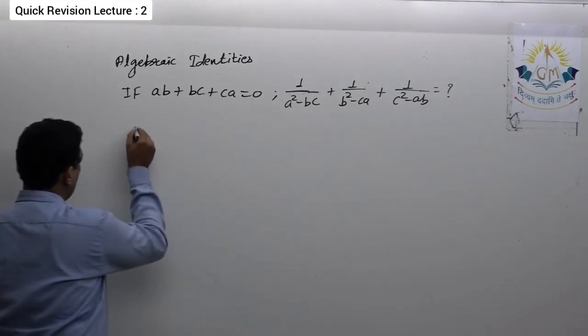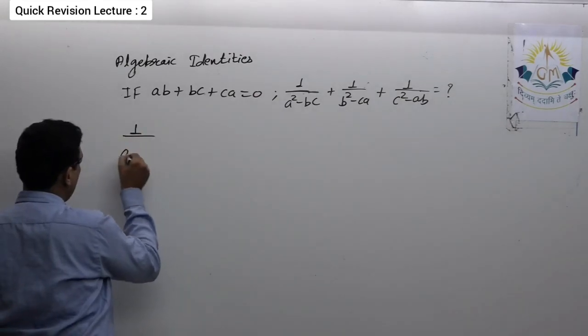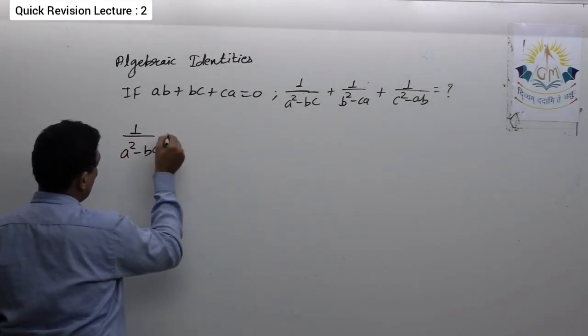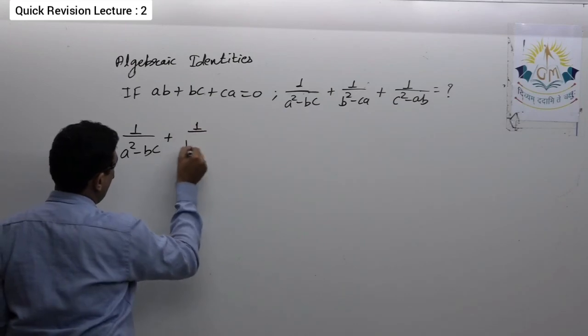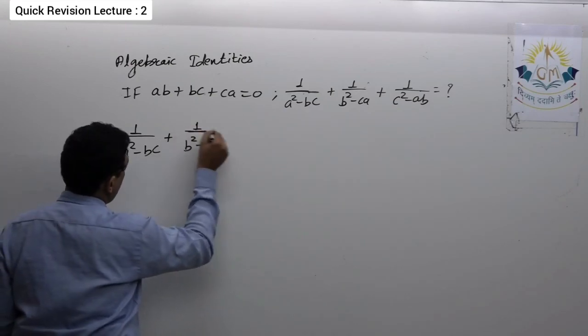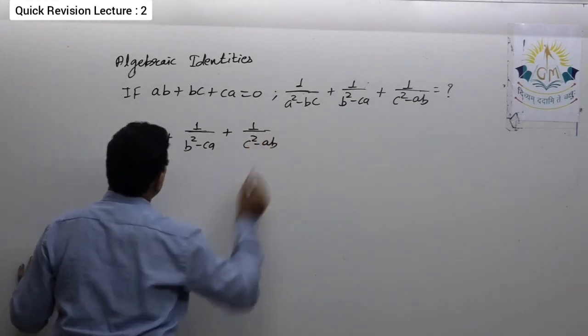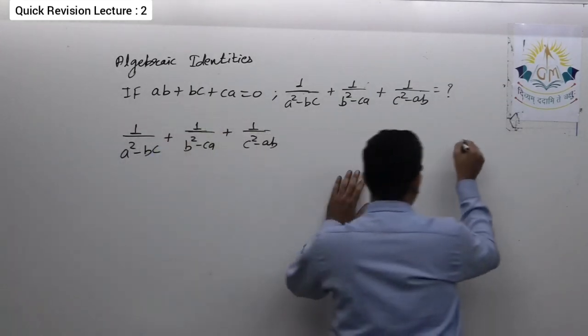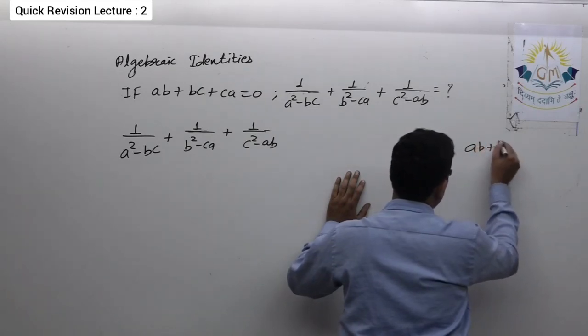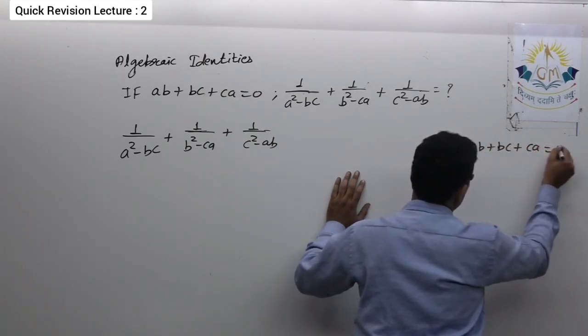Okay, so let us see how to solve this. I am writing this expression first as it is: 1 upon A square minus BC, plus 1 upon B square minus CA, plus 1 upon C square minus AB. Now see, we have the condition AB plus BC plus CA is equal to 0.